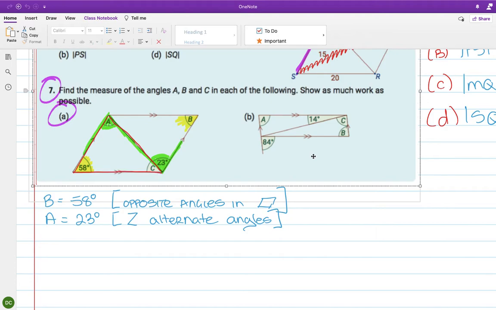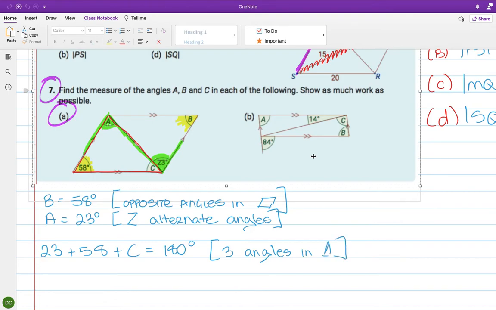That there is a triangle. So A, which is 23, plus 58, plus C has to equal 180 degrees because they're the three angles in a triangle. So that means C is going to be 180 minus 23 minus 58.